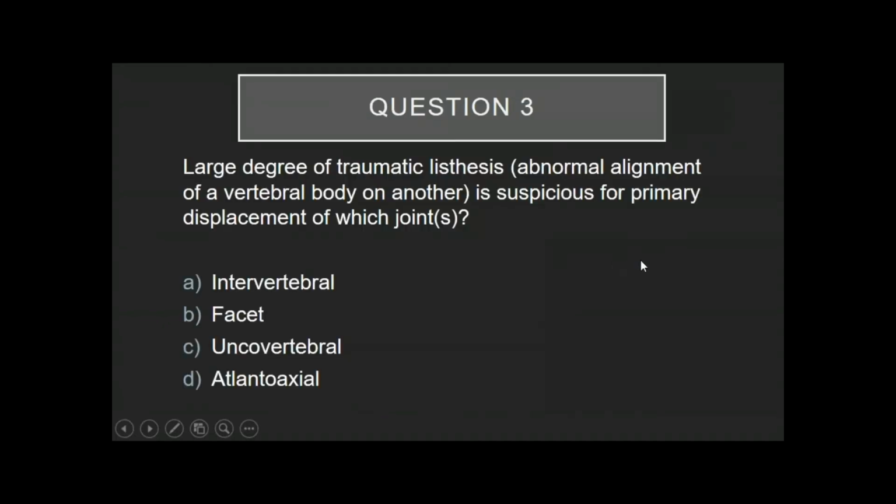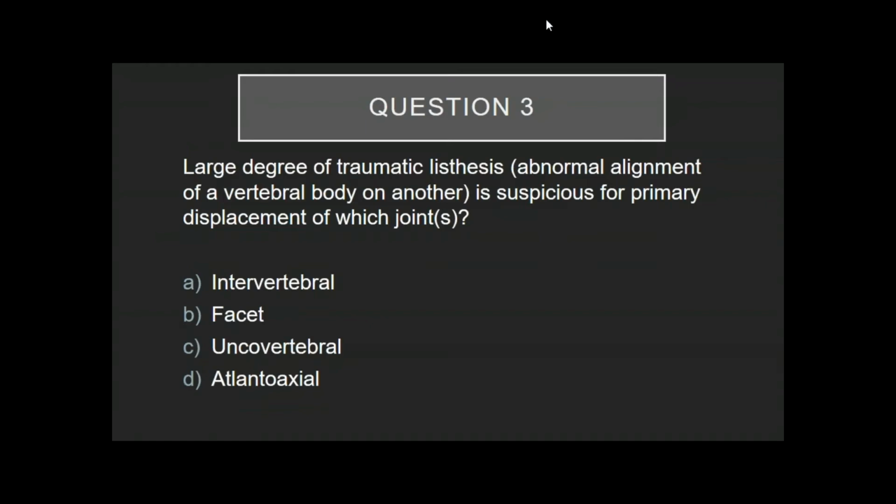All right, question number 3, and I kind of hinted at this already. If you have a large degree of traumatic listhesis, so abnormal alignment of a vertebral body on another vertebral body, this is going to be suspicious for primary displacement of which joint or joints? Is it A, the intervertebral joint? Is it B, the facet joints? Is it C, uncovertebral?